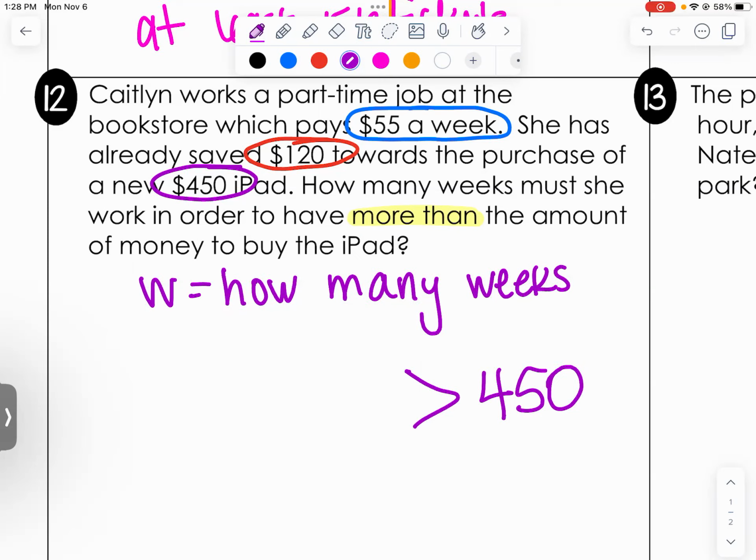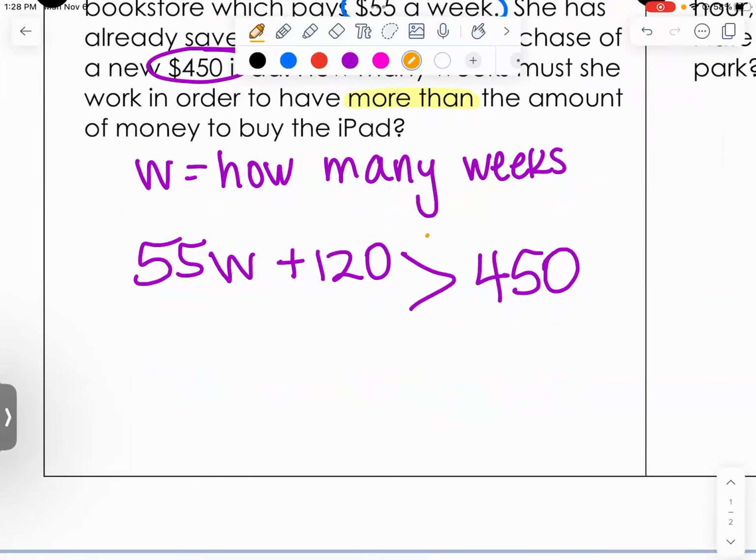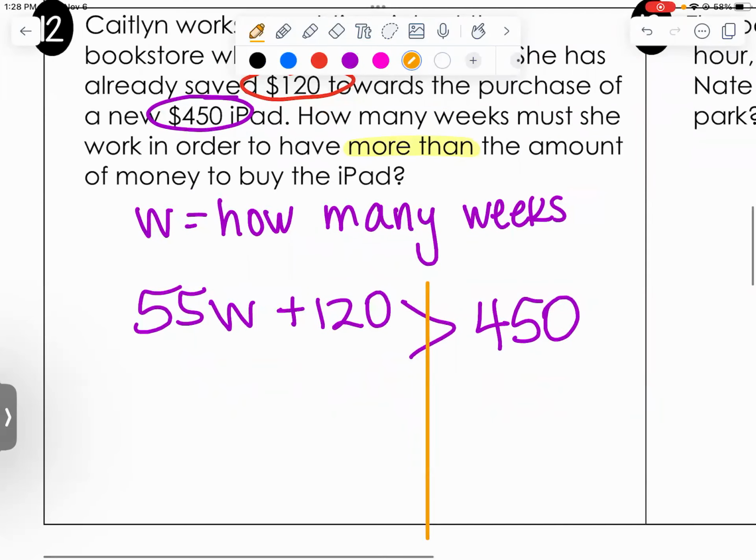Okay, $55 a week means 55 times the number of weeks, plus 120 because she already has that money. So she has this money plus the $120 that she already has. Awesome. If you write 120 plus 55W, that's perfect. They both mean the same thing.